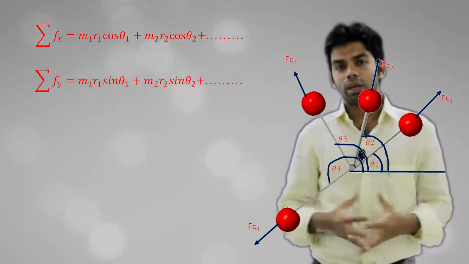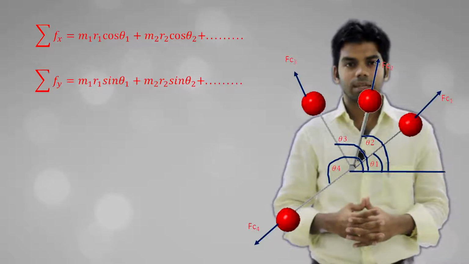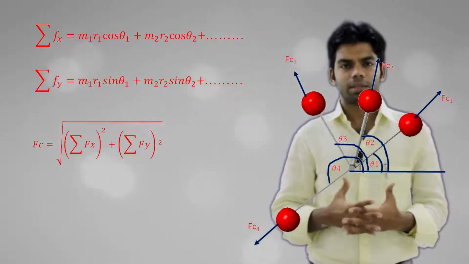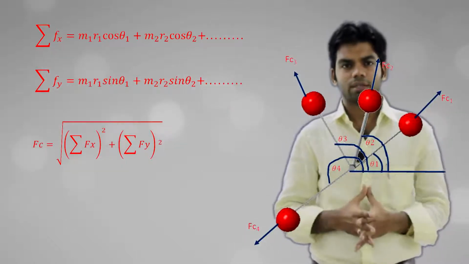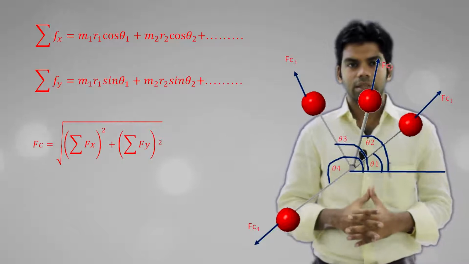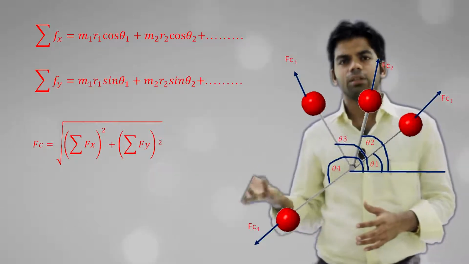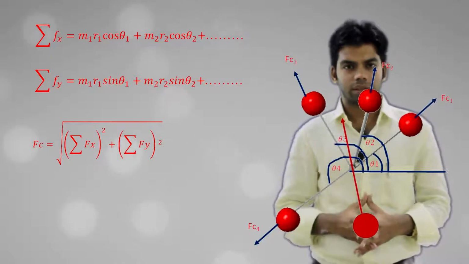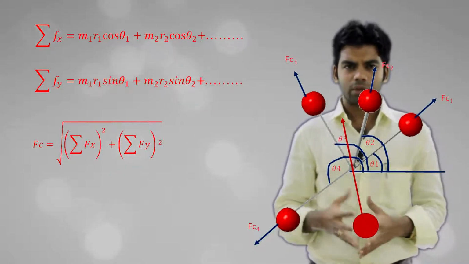Now if you want to calculate the resultant of these unbalanced masses, resultant Fc will be equal to under root of summation of Fx square plus summation of Fy square. So from here we can calculate the resultant. The magnitude of this Fc is nothing but equal to mb into rb. How can we calculate direction?